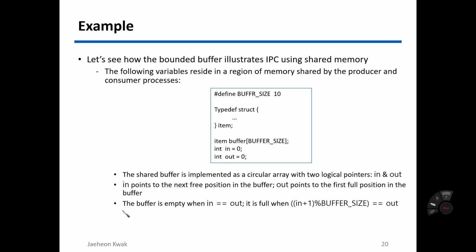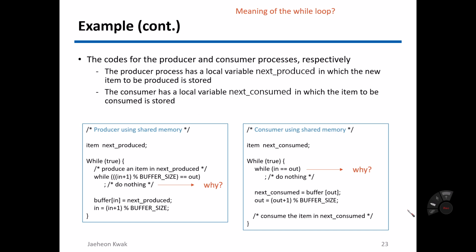So the buffer is empty when in equals out, and the buffer is full when this equation holds. So this loop checks whether the buffer is full or not, and this loop is checking whether the buffer is empty or not. So the size of the buffer is limited, right?